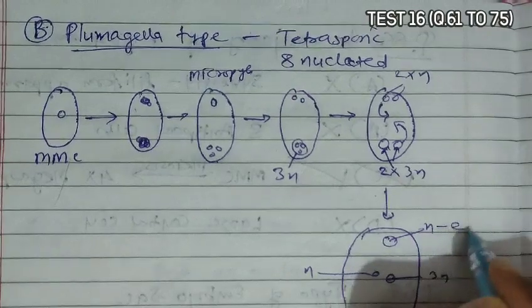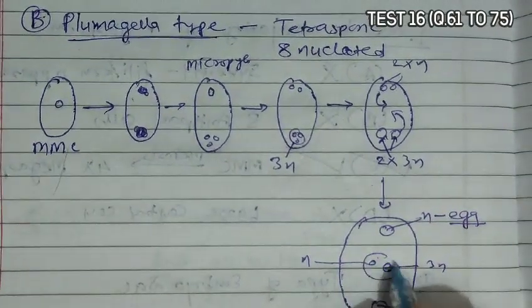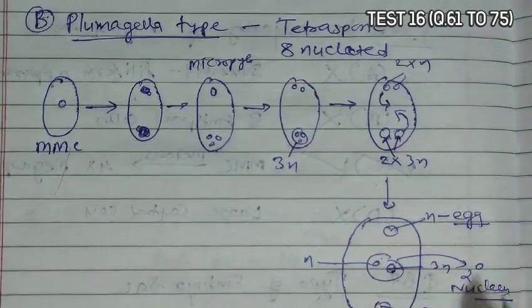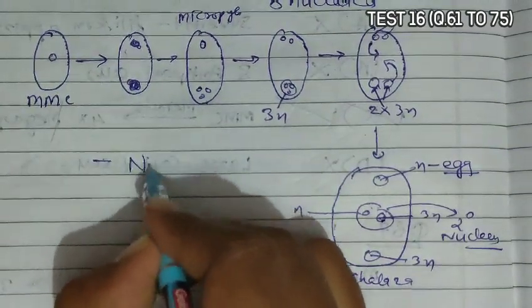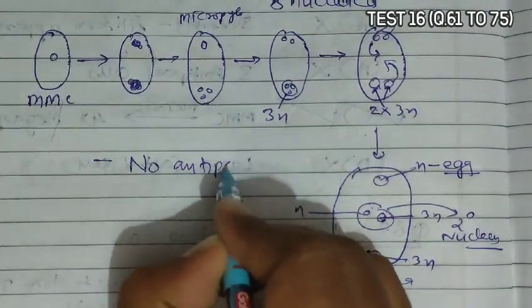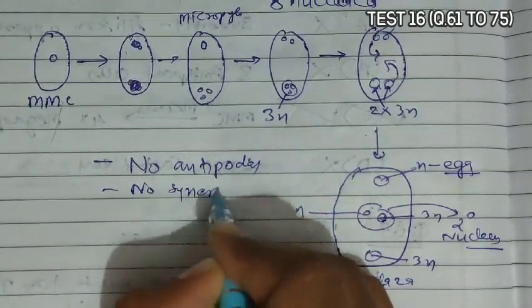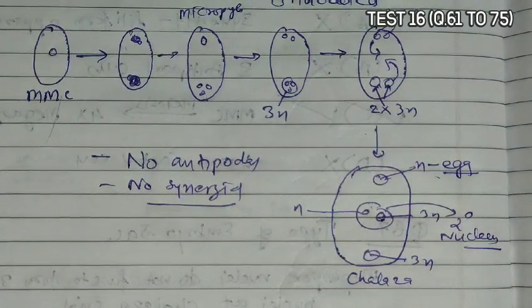This N will act as an egg, okay, and this will fuse and form a secondary nucleus. Now in Plumbagella type there is no antipodal formation and no synergid, only egg cell present at the micropyle end.